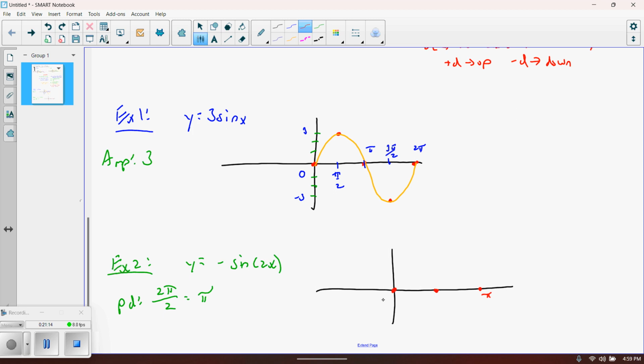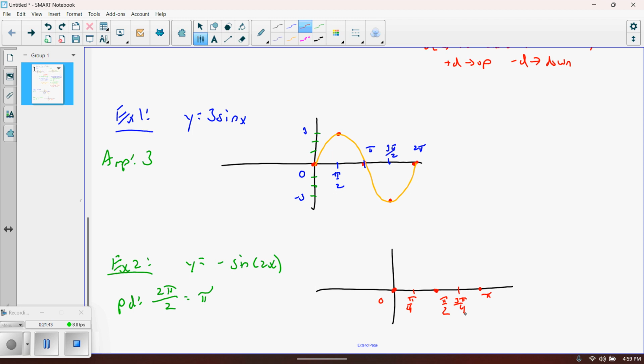This one's still 0, which means that the one in the middle is going to be at pi halves. And then I've got to figure out where the max and the min values are going to be. Halfway in between 0 and pi halves, of course, is pi fourths. And then halfway between pi halves and pi is going to be 3 pi over 4.